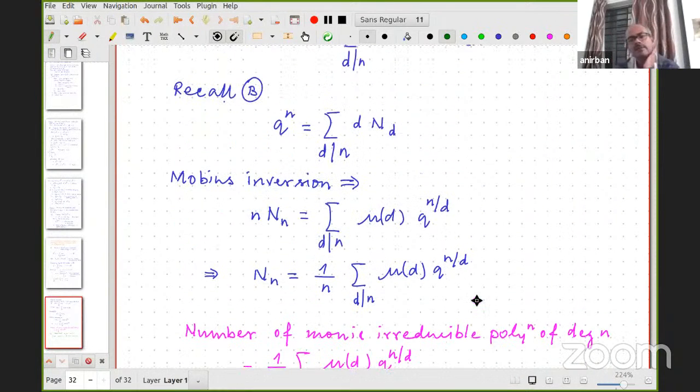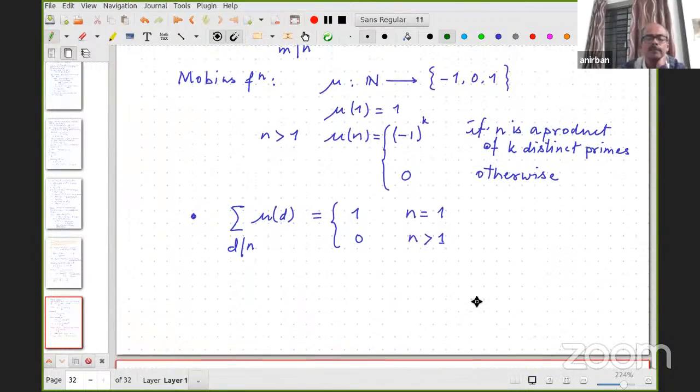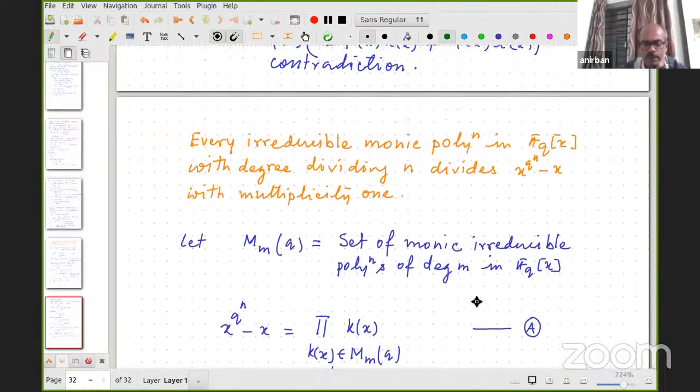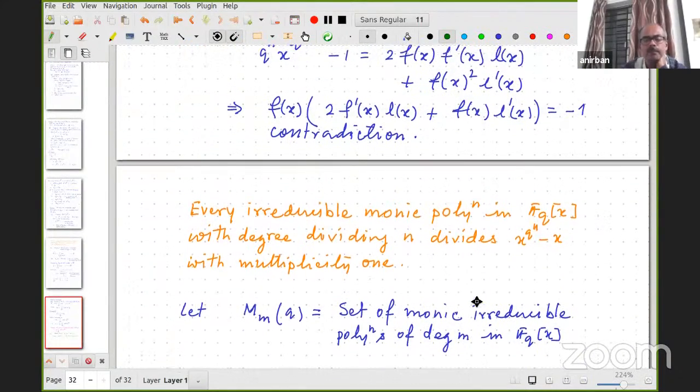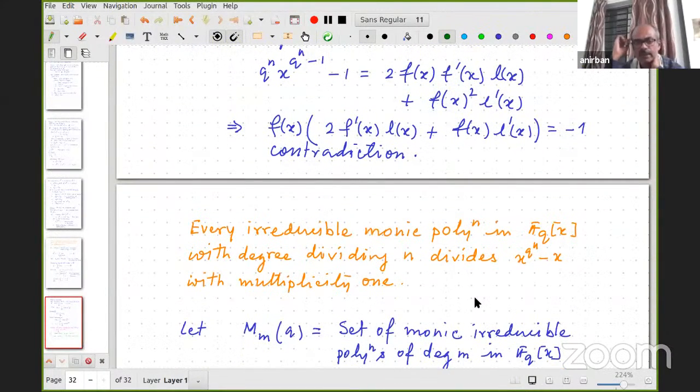So what we have seen today, let me briefly summarize. We have seen uniqueness of finite fields. That's the first thing. The second important thing is that every irreducible monic polynomial divides the special polynomial x to the q to the n minus x with multiplicity 1, so it divides it only once.